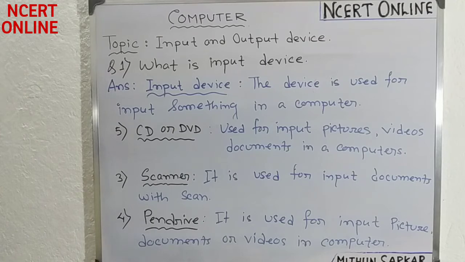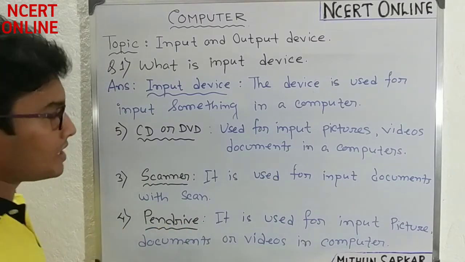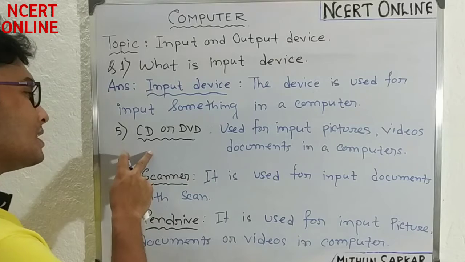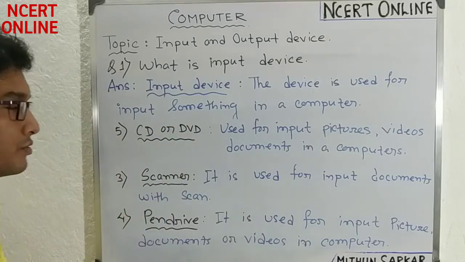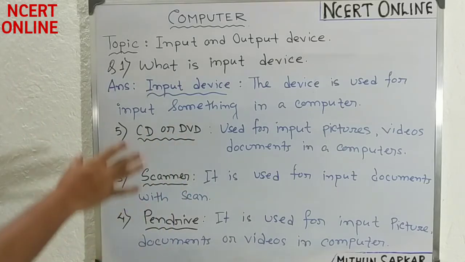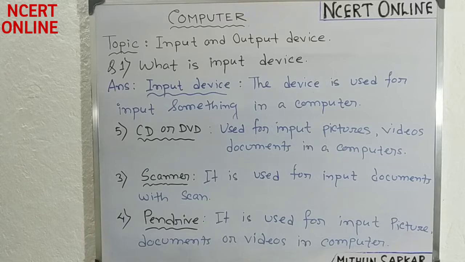Actually now we mainly use pen drives most of the time, but we can use CD or DVD discs also. So mainly these are our 5 points for input devices.